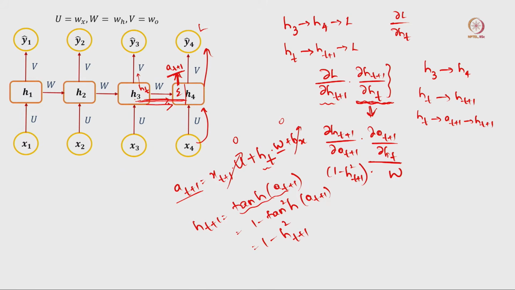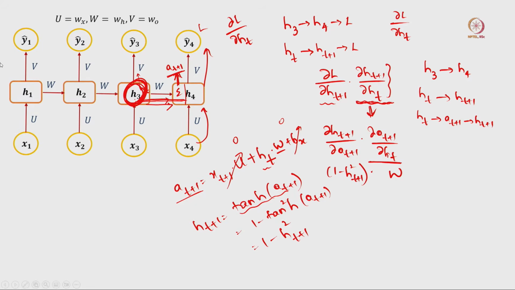So, in short, what did we do? When you are calculating the derivative of loss with respect to h_t, this term has an impact where it is going up and it is going right.